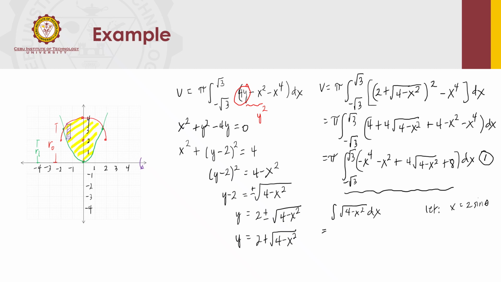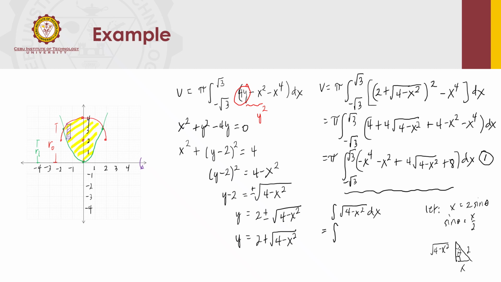So sine is x over 2. So we have opposite side is x, and hypotenuse is 2, and this adjacent side is the square root of 4 minus x squared. So square root of 4 minus x squared over 2, that's adjacent over hypotenuse, or cosine.